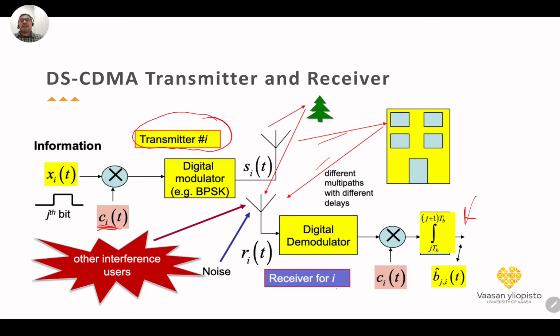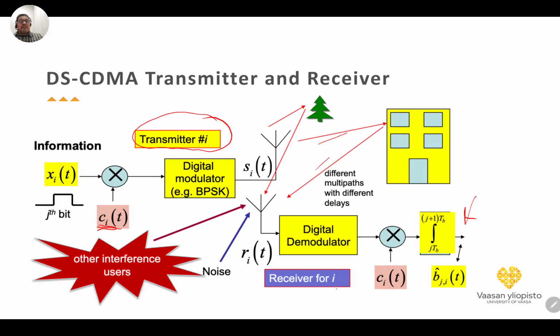As we said, the best thing is to be orthogonal, but even if they are orthogonal at the transmitter, at the receiver, due to the different paths and different delays, we cannot maintain the orthogonality. But we hope that they will have low correlation at the receiver side.